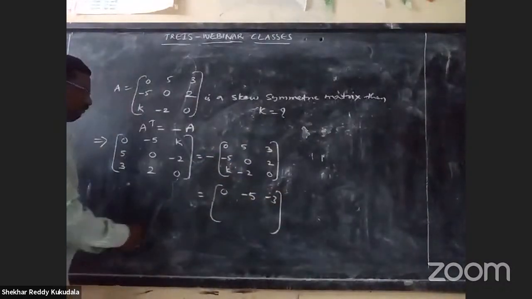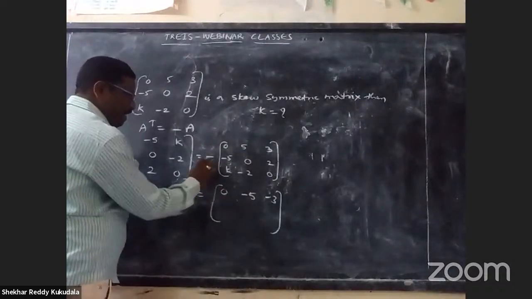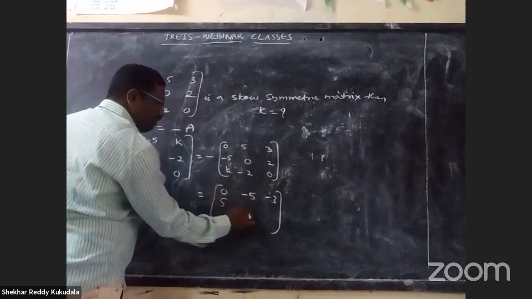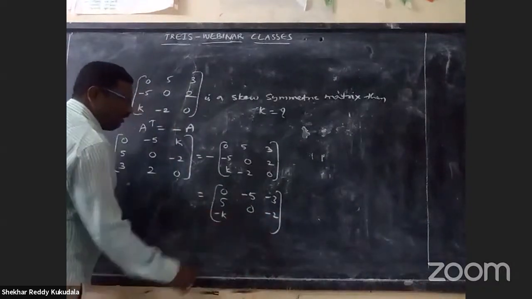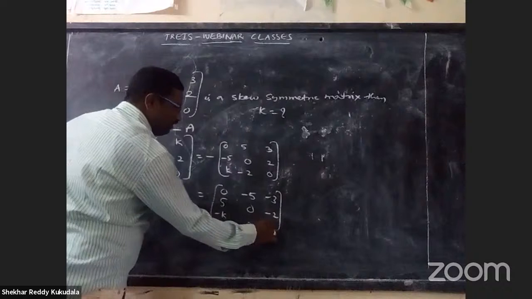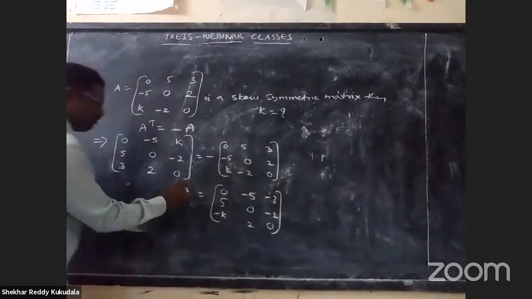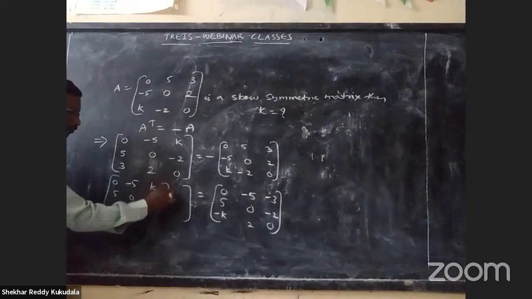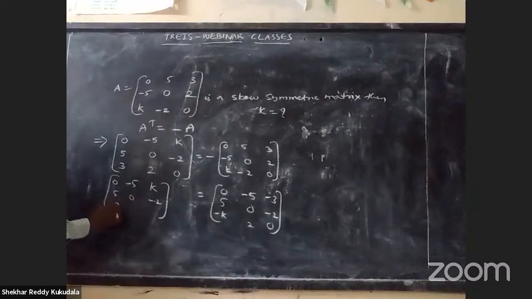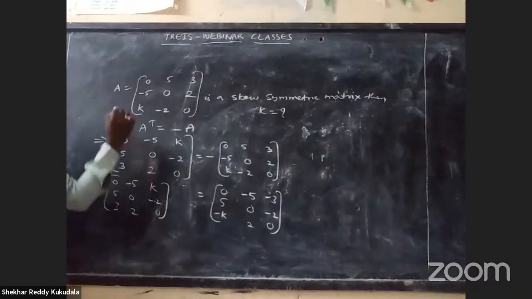Next, minus of minus 5 is 5, 0, minus of 2 is minus 2, minus k, 2 and 0. The left side will be 0, minus 5, k; 5, 0, minus 2; 3, 2, 0 on the right.